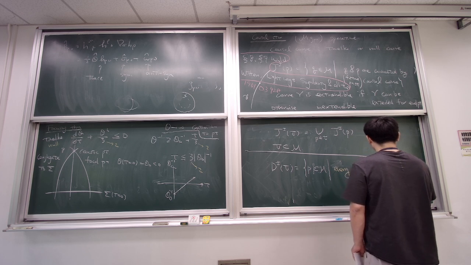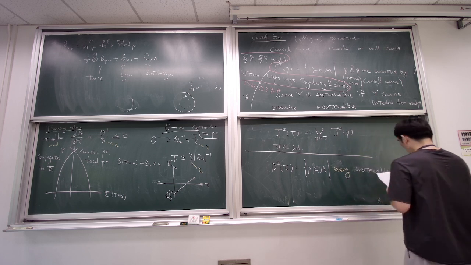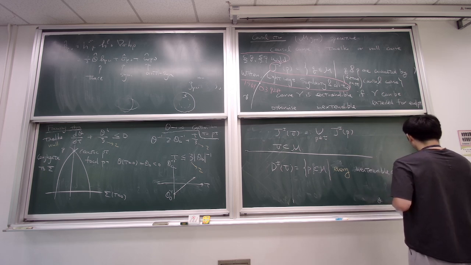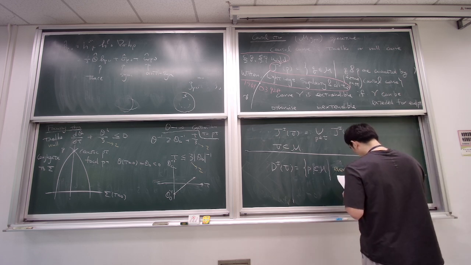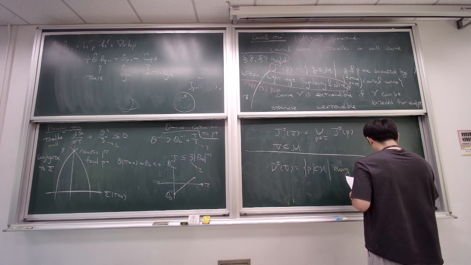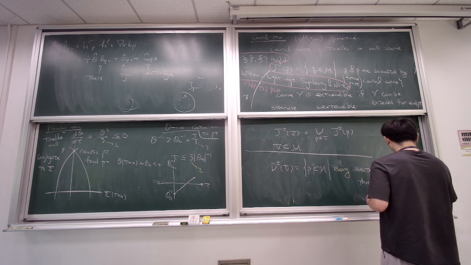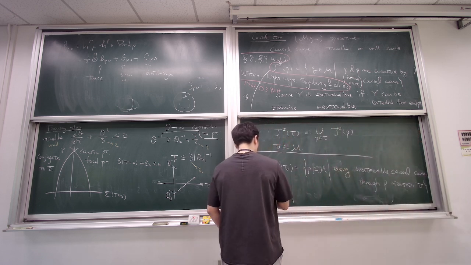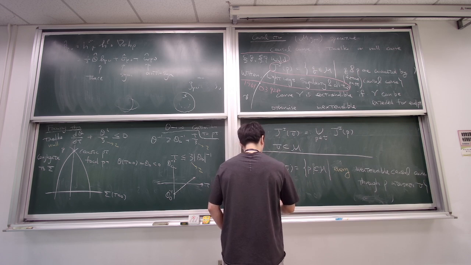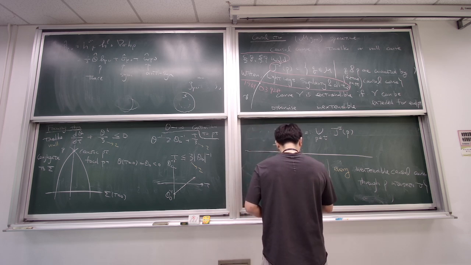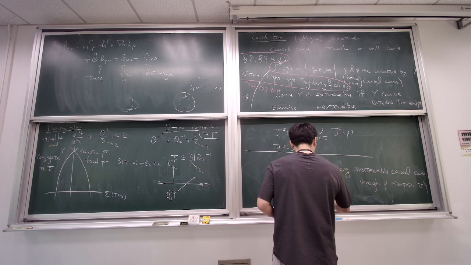Okay, that's the definition. So it's called a future or past domain of dependence.